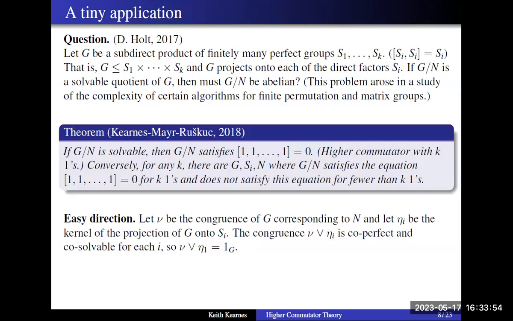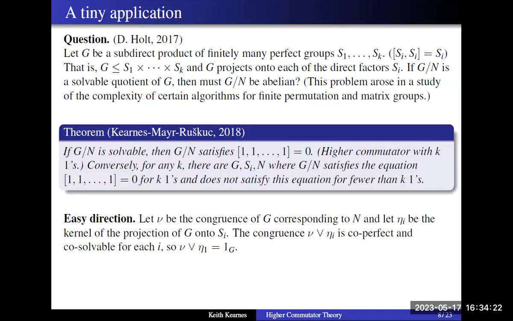Now the interesting thing is that solvability is sort of the opposite of perfectness. If I have a solvable group, any further quotient is solvable. If I have a perfect group, any further quotient is perfect. But you can't be non-trivial if you're both solvable and perfect, because you start at the top of the group and look at G commutator G. If you're solvable, it will come down. But if you're perfect, it stays at the top. Those are incompatible with each other.